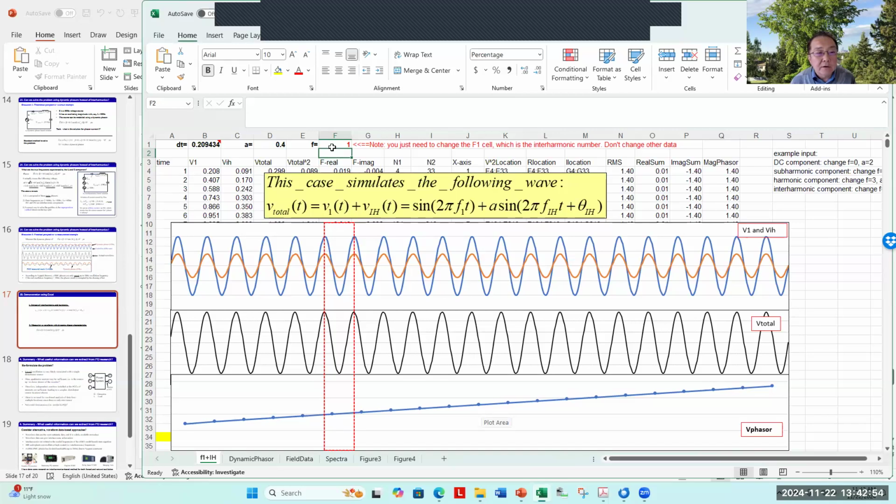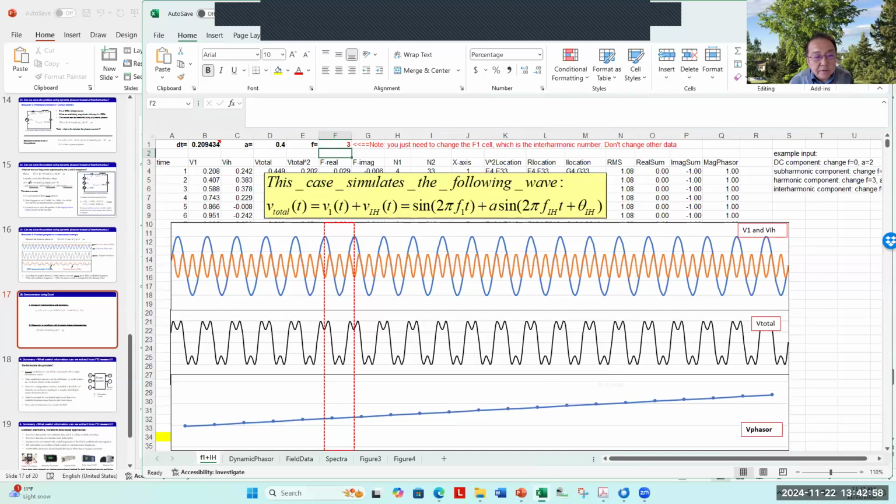So let's go for the harmonic, for example. You see, when you have a harmonic, the peaks and values are synchronized with the 60 hertz component, so the RMS value doesn't change. Again, the slope is caused by scaling. When you do the plotting, you can change the scale, but I don't want to change the scale because when I do the interharmonics, this will vary a lot.